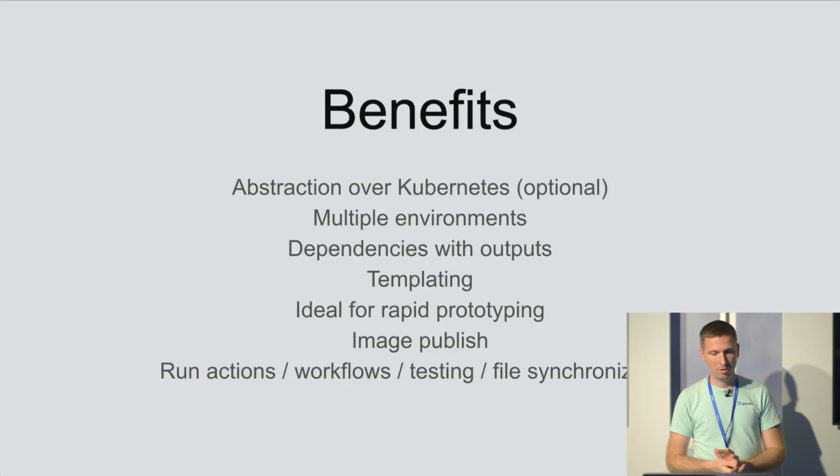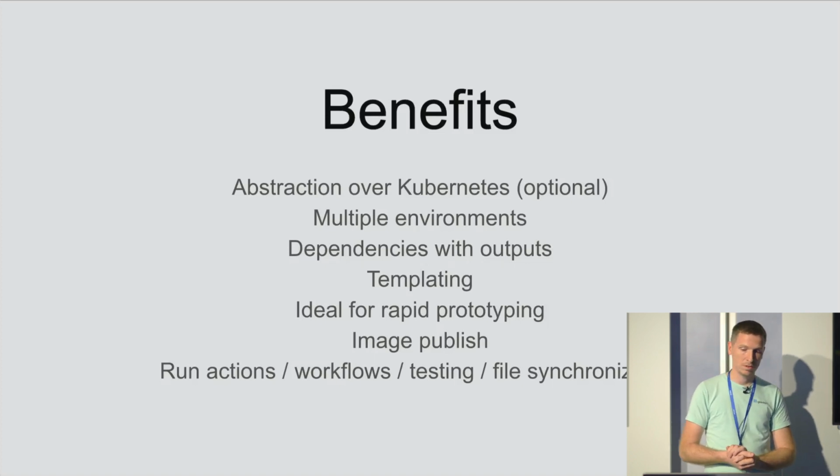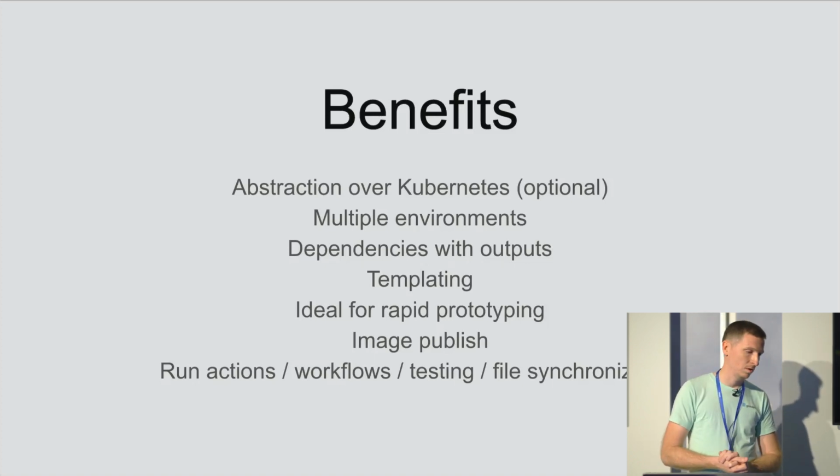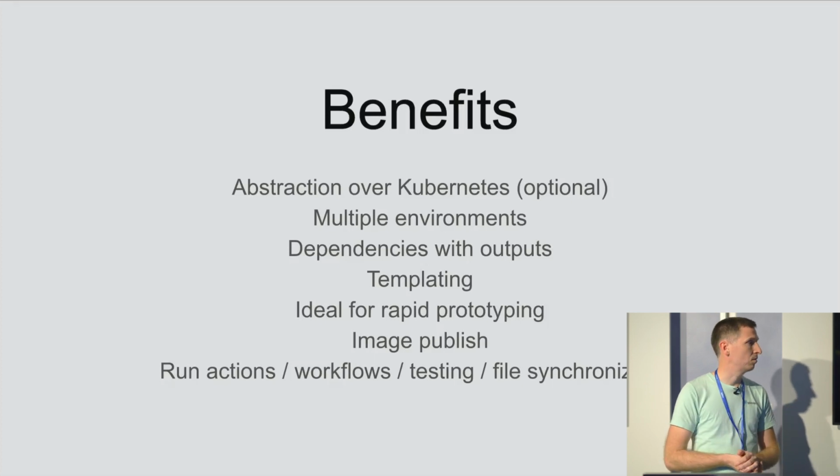So it was great for us for rapid prototyping, and yes, image publish is also a nice feature. Okay, I will talk about that in the next slide. So image publish is great on its own, but it should be a bit smarter in Garden. There are other things that are worth mentioning.